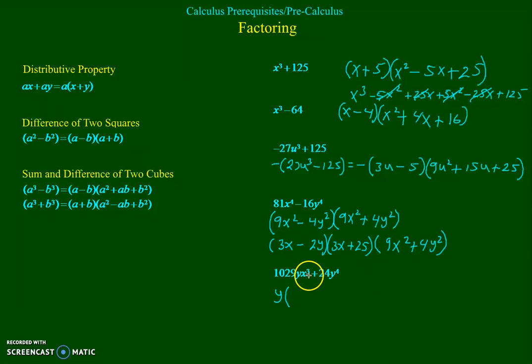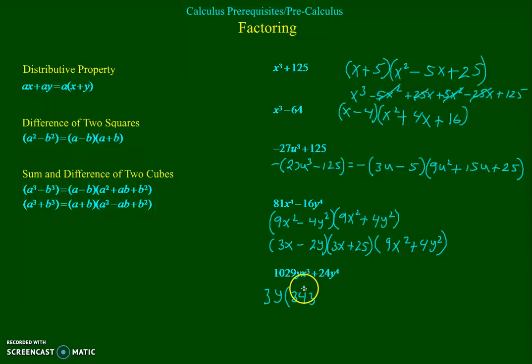Well, it looks like there is. There's a 3 in both of these. If I divide 1029 by 3, I get 343, I think. So we're going to pull out a 3 out front here. And 1029 divided by 3 is 343.